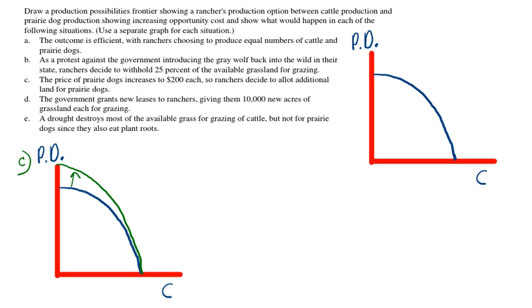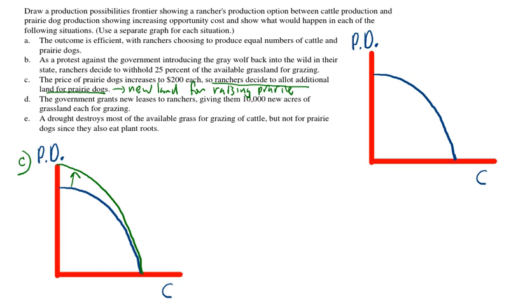How are we feeling about that one? Can you explain that again? Yeah. So this right here, ranchers decide to allot additional land for prairie dogs. It's basically like new land. It's kind of like the equivalent of a technological advance in raising prairie dogs.